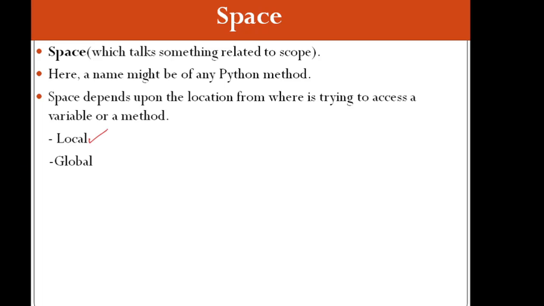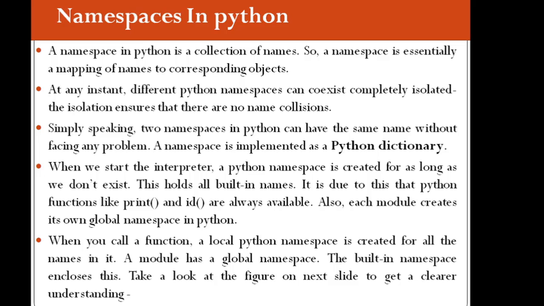So we have two types of scopes: one is local, another is global. A namespace in Python is a collection of names. A namespace is essentially a mapping of names to corresponding objects.